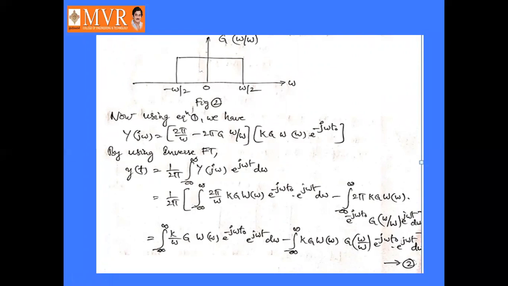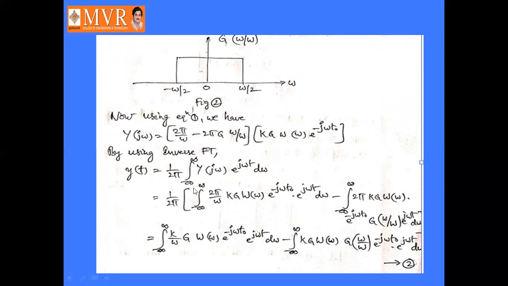By using the inverse Fourier transform formula, y of t equals 1 by 2 pi into the integral from minus infinity to infinity of Y of j omega into e power plus j omega t d omega. But Y of j omega is this expression.